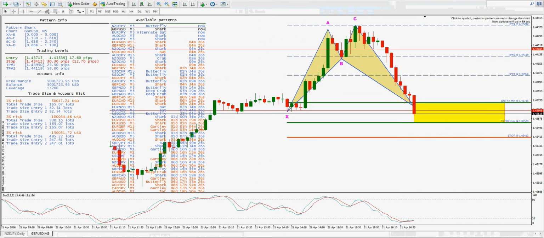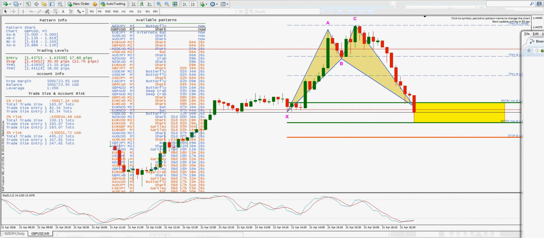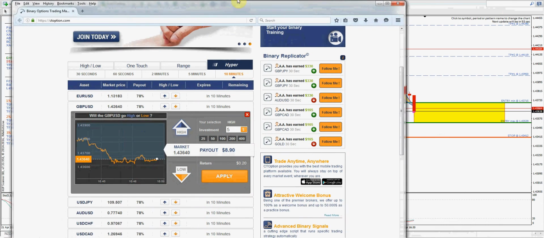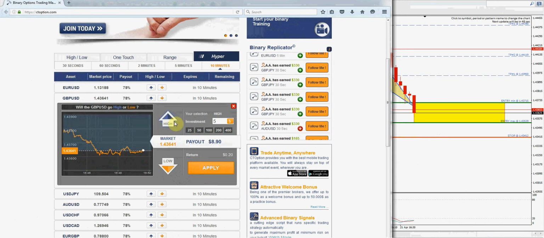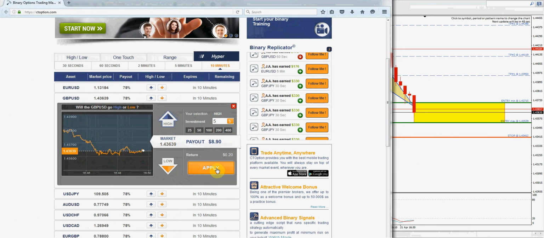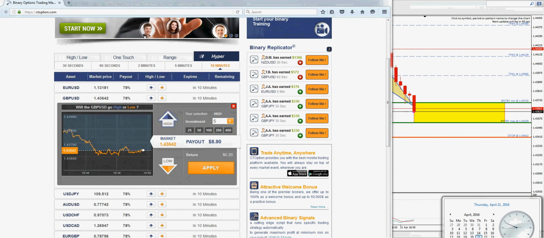All right, folks, as you can see here, GBP USD. We have about 30 seconds until this bar closes. So let's go ahead and get set up. We're on a 10-minute contract here, high, and we'll be clicking apply once this bar ends.